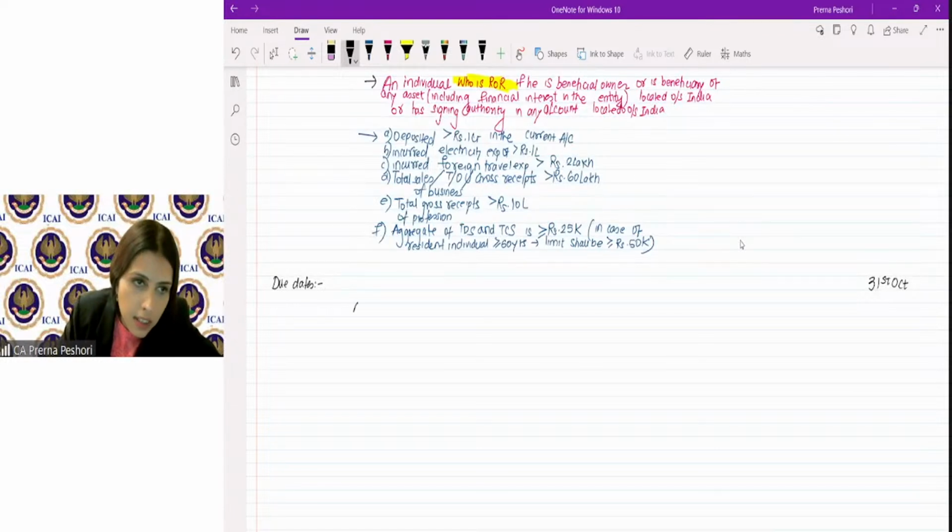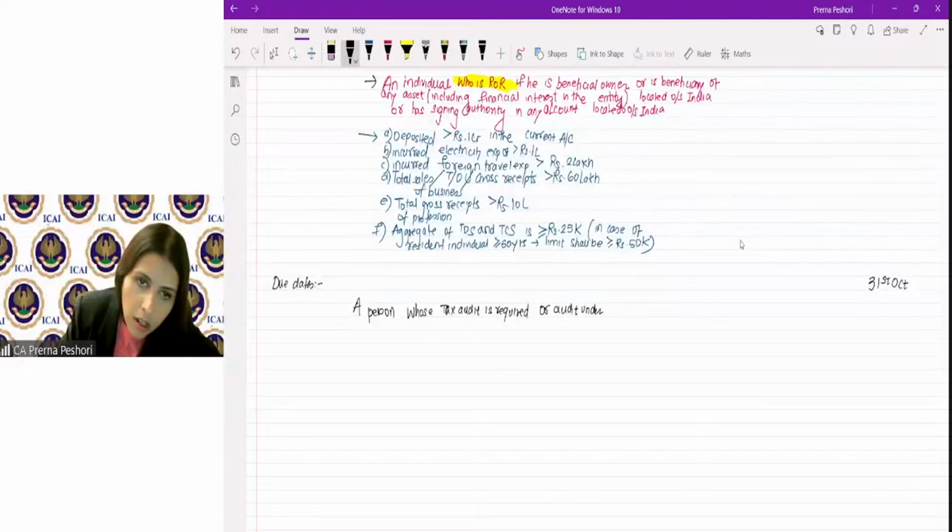Now, a person whose accounts are required to be audited, whose tax audit is required, or audit under any other law is required.